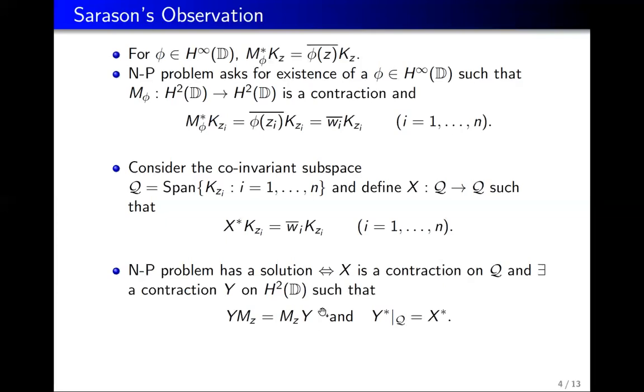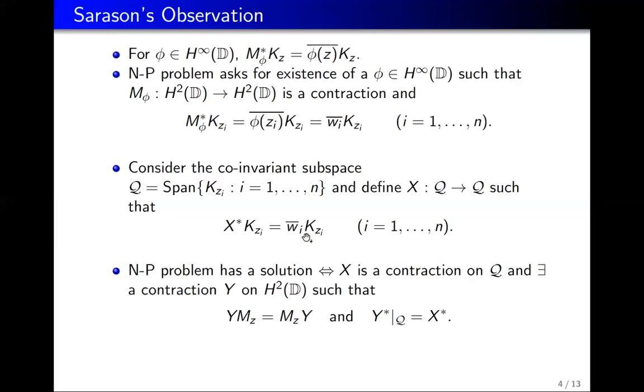So what Sarason proved is that given such an X, one can always find a lifting Y such that it is a contraction and it commutes with MZ. That is the Sarason commutant lifting theorem he proved. So the existence of a Y which commutes and is a lift of X is guaranteed by this commutant lifting theorem. Then the rest is to check whether this X is a contraction or not.